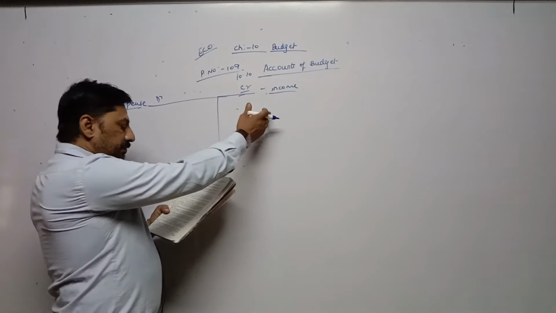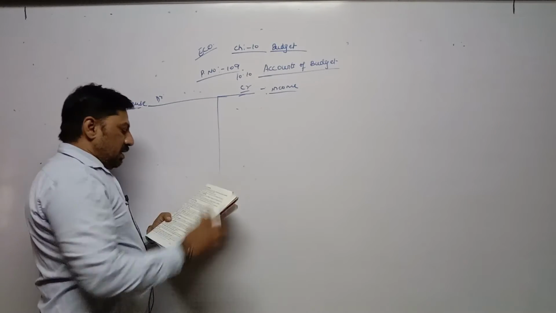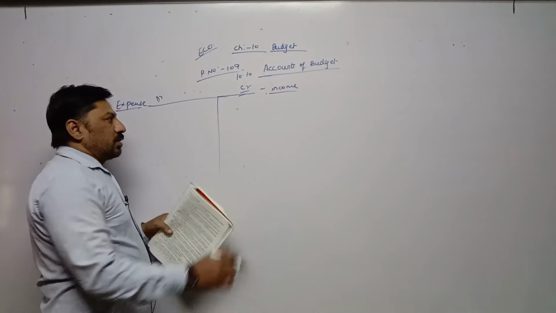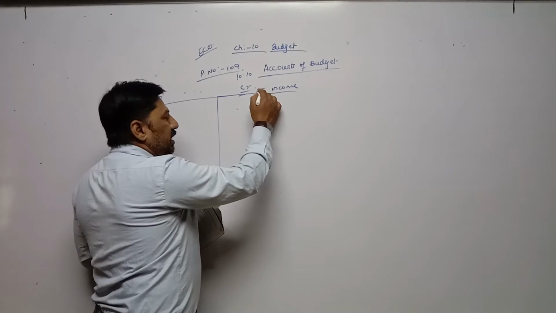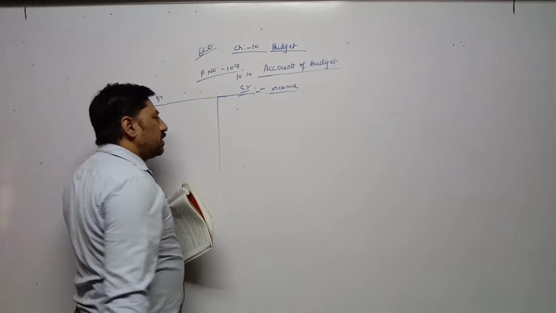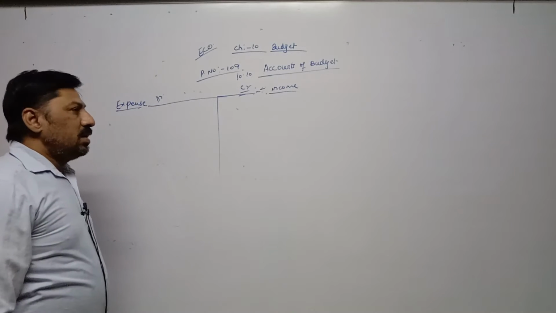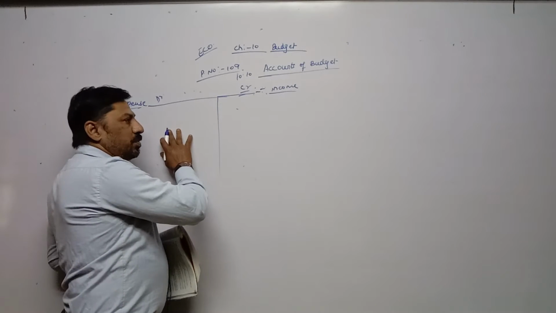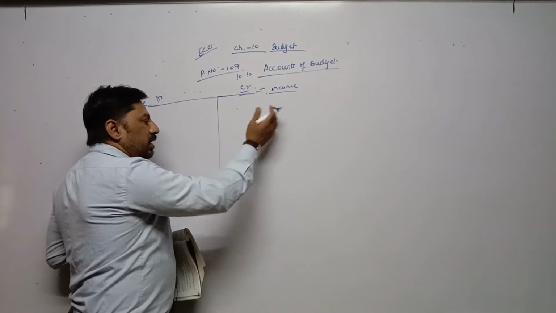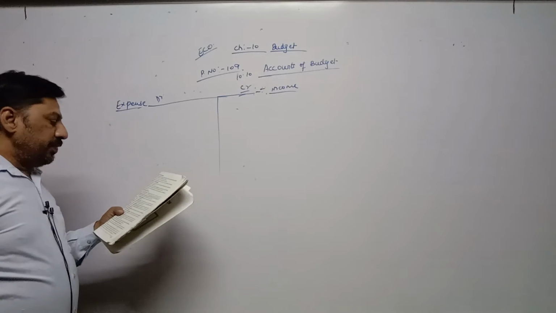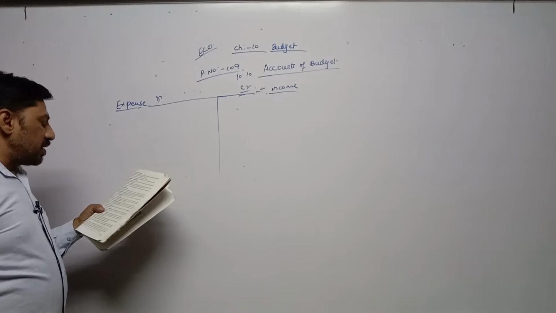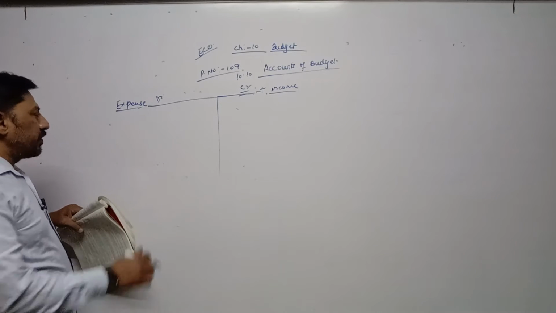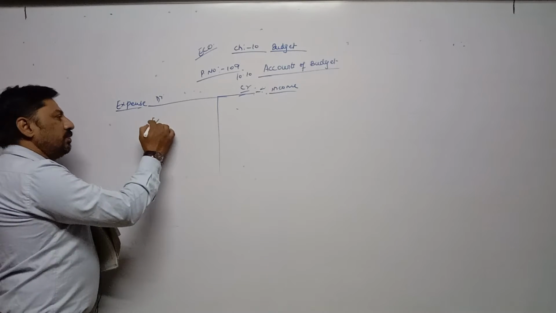The credit side, where the revenues and incomes of the government are recorded. All transactions which give income to the government are recorded on the credit side. And in the same way, the debit side, where the expenditure of the government is recorded. All types of expenditures are recorded on the debit side.